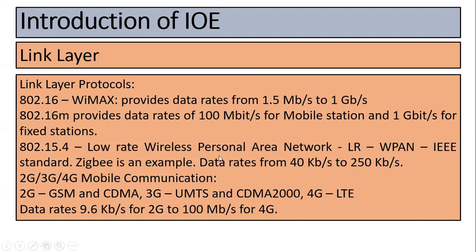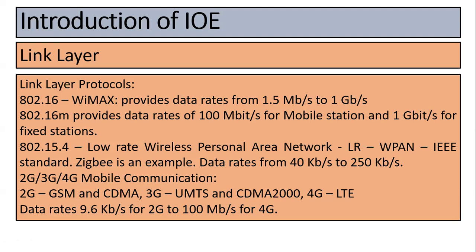The next communication protocols that come under the link layer are 2G, 3G, 4G mobile communication. 2G, you know, is the GSM model and CDMA. 3G is the UMTS and CDMA2000 model. 4G is LTE, long-term evolution, and the data rate is from 9.6 kilobits per second for 2G to 100 megabits per second for 4G.